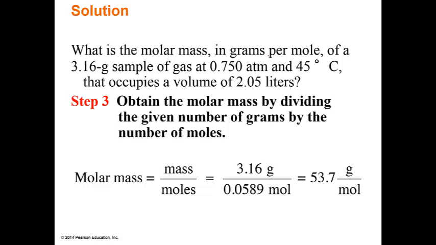So we simply say we've got 3.16 grams. We divide it by the number of moles, and that'll give us our molar mass. So we have 53.7 grams per mole, because we got our mass in grams over our moles. That's it, simple as that. Remember, organize, rearrange, plug and chug.